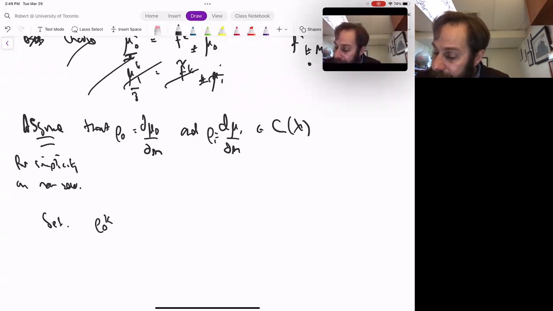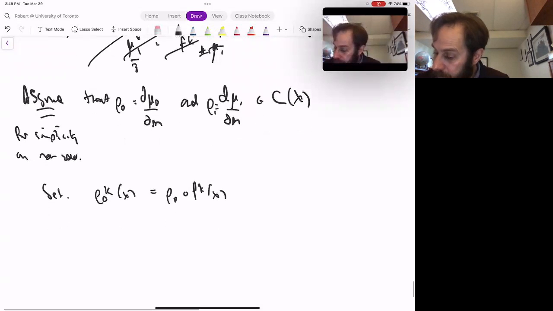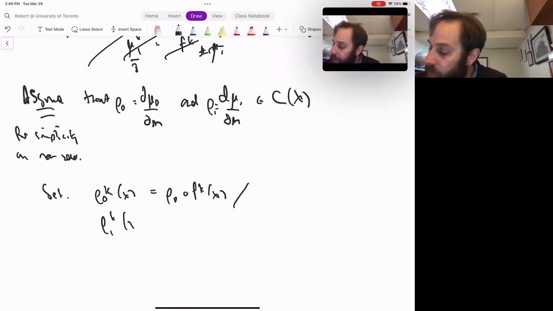I'm going to try to set rho naught k of x to be rho naught composed with fk of x, and I need to divide by some normalization to make sure it's a probability measure, which let's call it Z naught k.